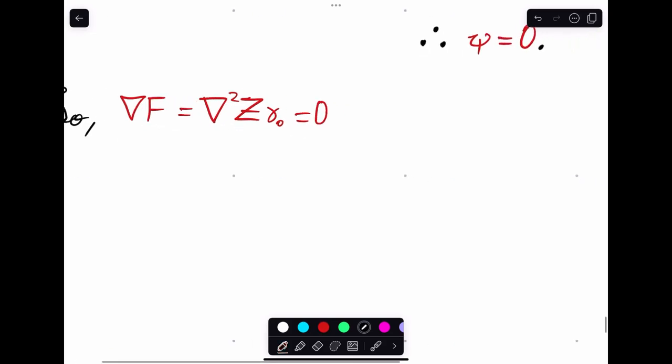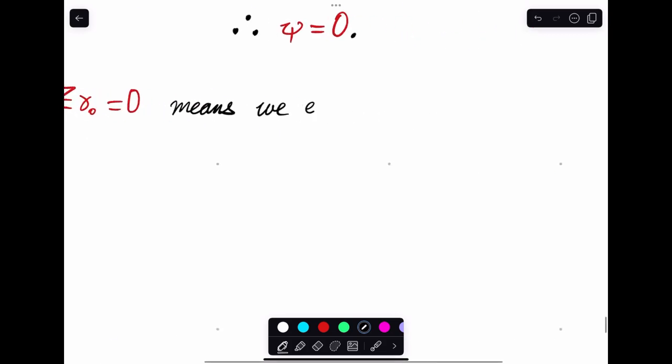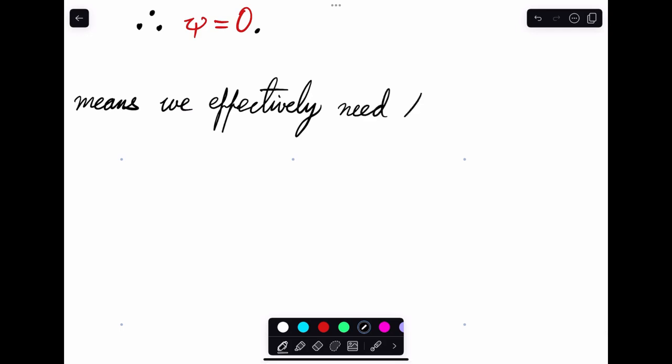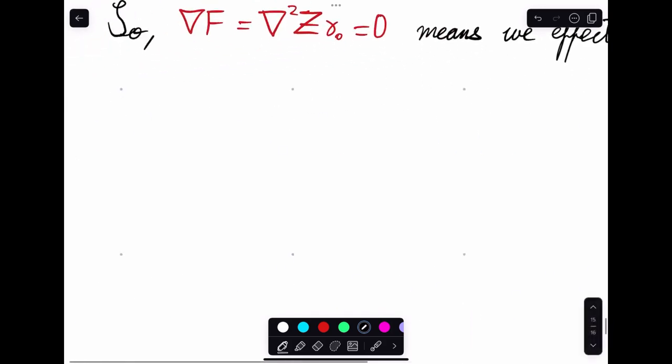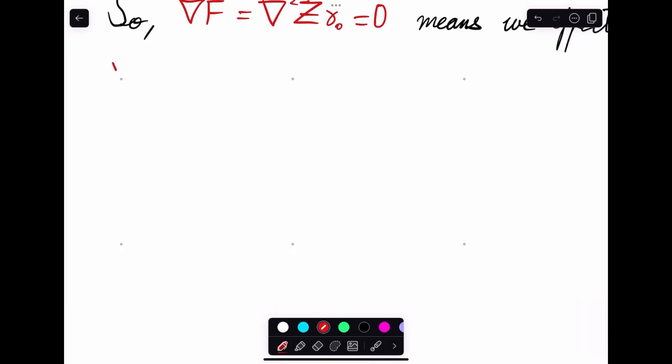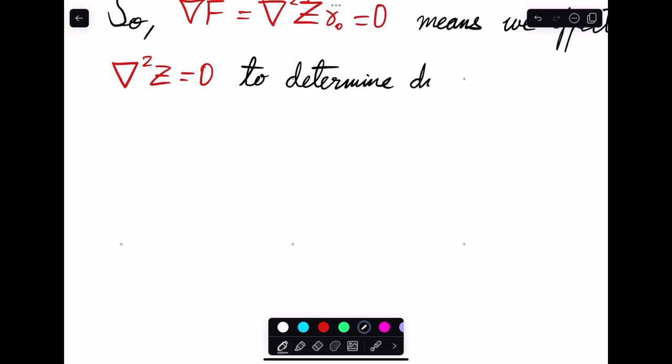So this means we effectively need to look at only the D'Alembert of Z equal to 0 to determine dynamics.